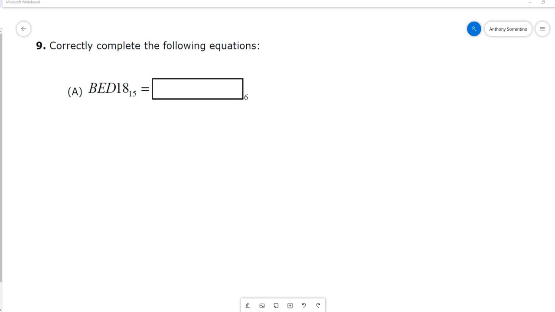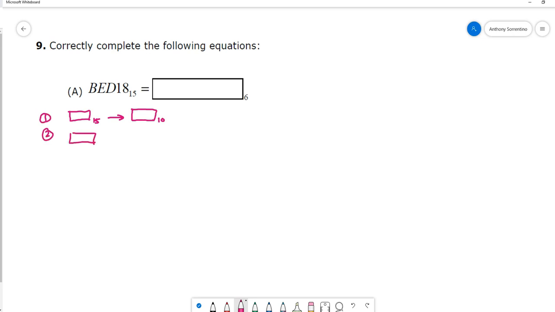So basically the way we're going to handle this first problem is that I'm going to go from something base 15 to something base 10, and then I'm going to go from that new thing in base 10 and make that something base 6. And that's the best way to do it.